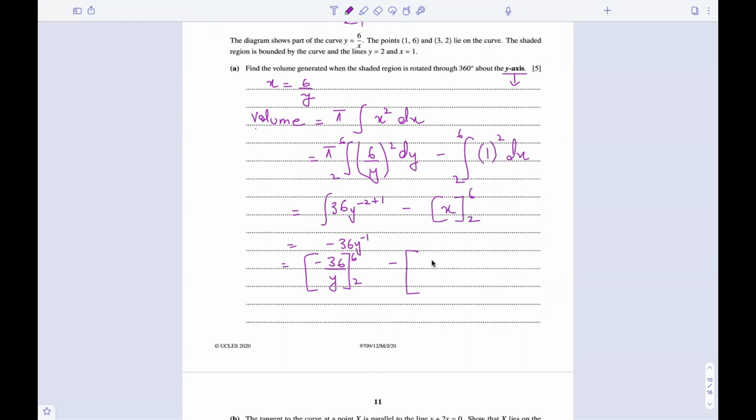So putting 6 we get 6, minus putting 2 we get 6 minus 2. Substituting 6 into the equation, we get minus 36 upon 6, which is minus 6. Substituting 2 into the equation, we get minus 36 upon 2, which is minus 18, minus 4. So minus 6 plus 18 is 12. 12 minus 4 is 8. So the total volume would be 8 pi.